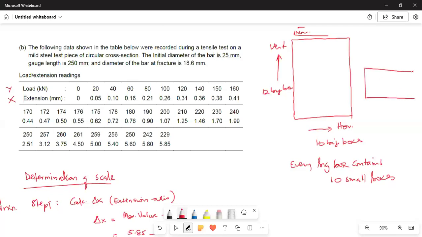If the graph sheet is turned this way, we'll get a better graph. So if we turn it this way, our x-axis will now be the vertical, and our y-axis will now be the horizontal. In this case, note that our x-axis now will have 12 boxes.